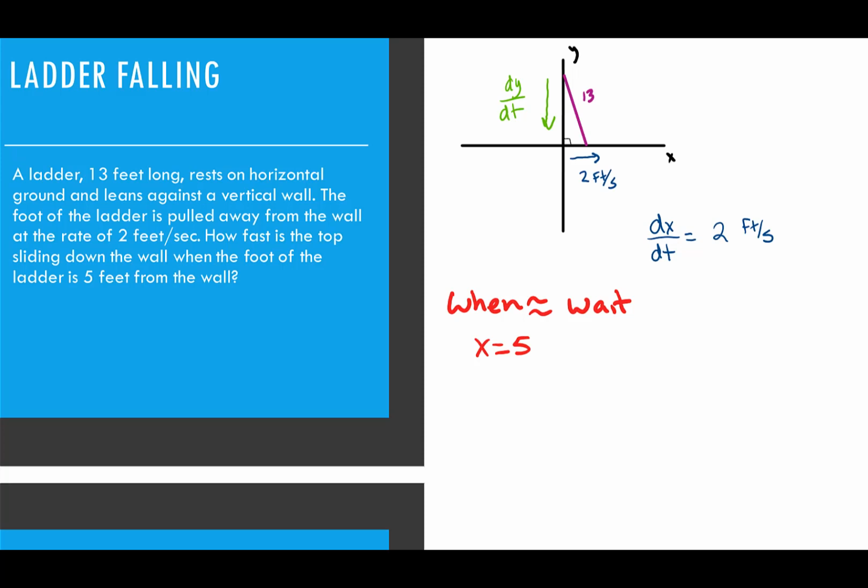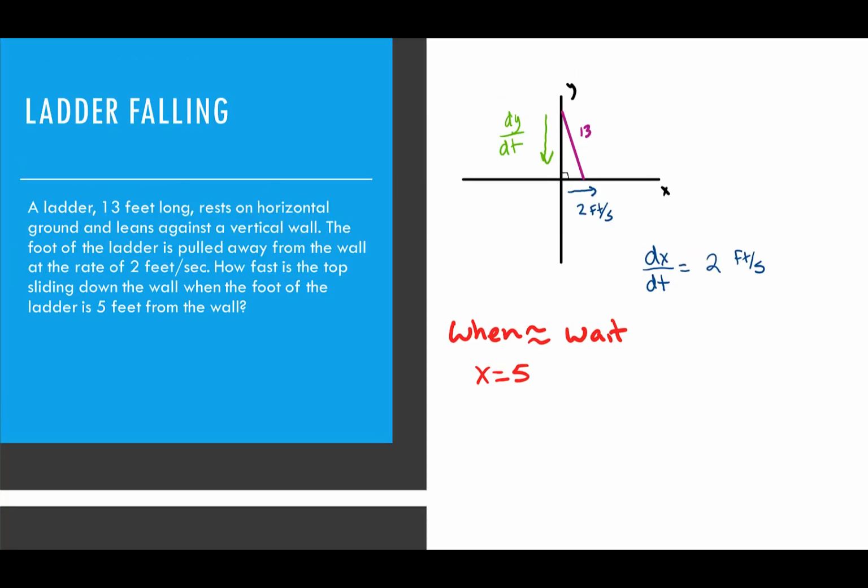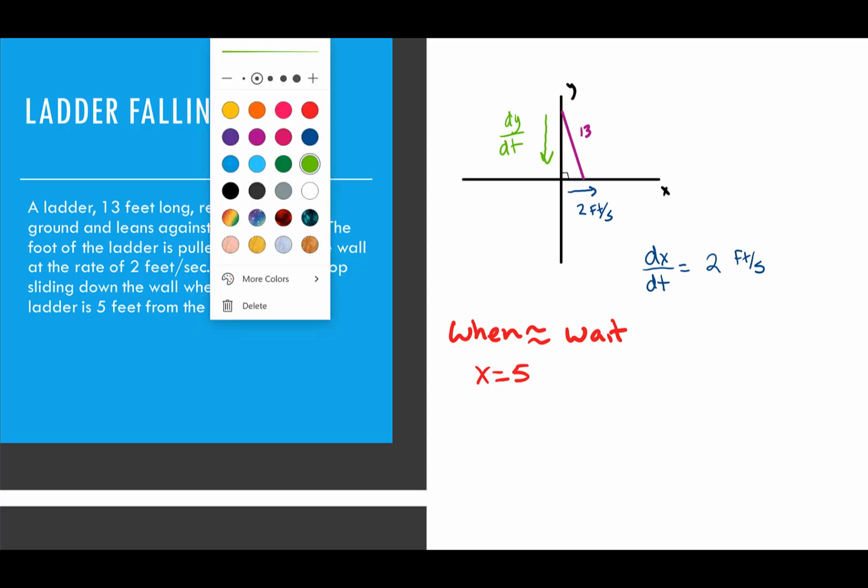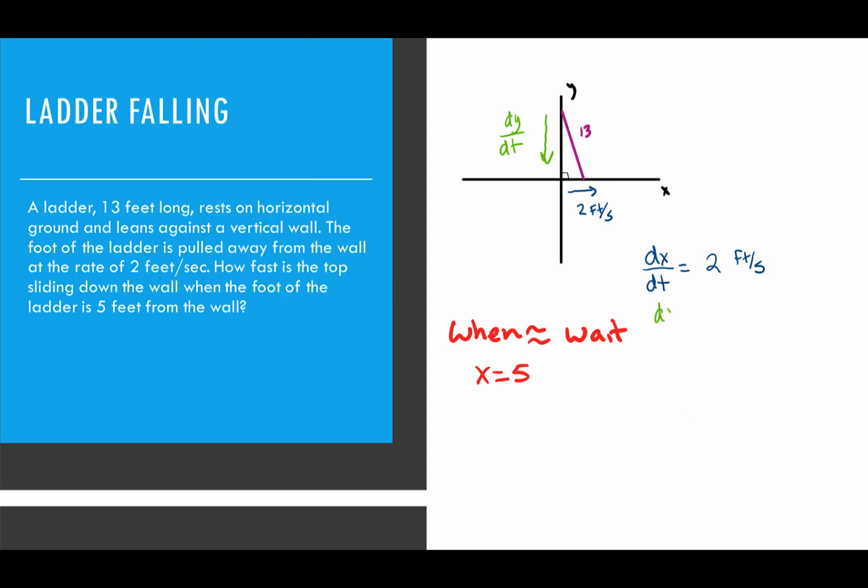When you see the when in the problem, just wait. We're going to plug that in afterwards, all right? So we got our when equates to wait for x equals 5. We're looking to find that change in y with respect to time, our dy/dt. This is what we're looking for.